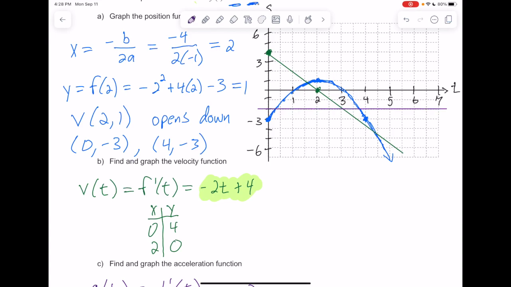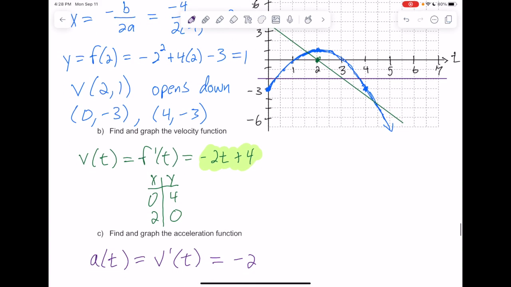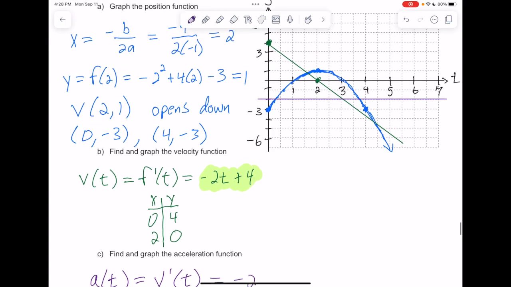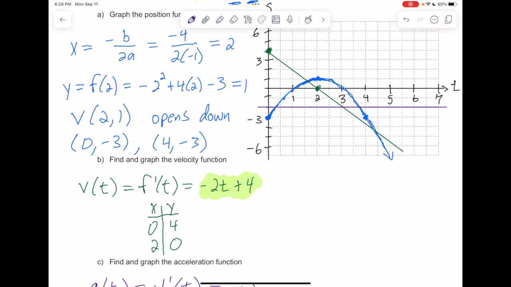So there we have our position function in blue, our velocity function in green and our acceleration function in purple. And we can kind of study this like we did the police car a little bit too.